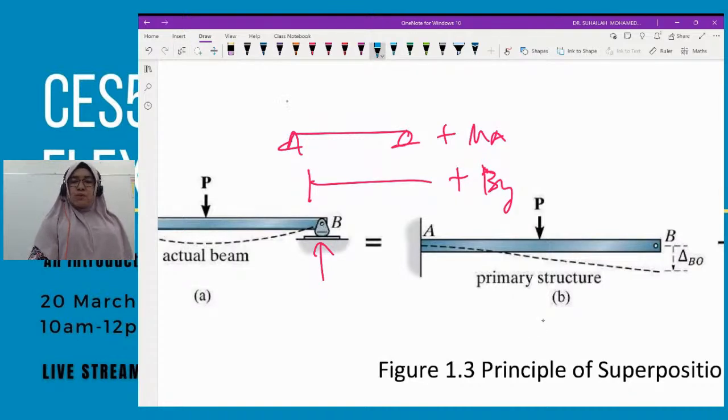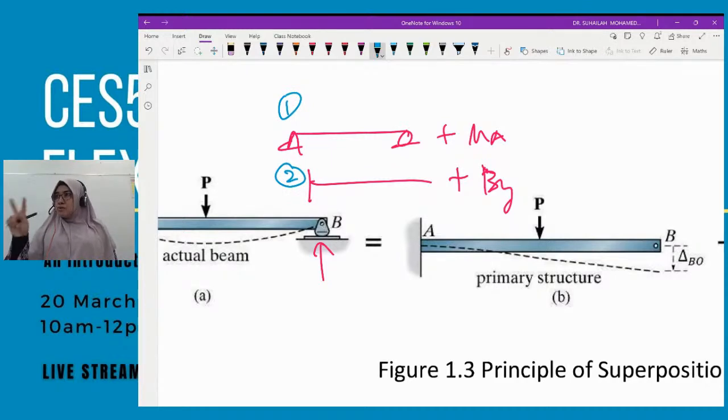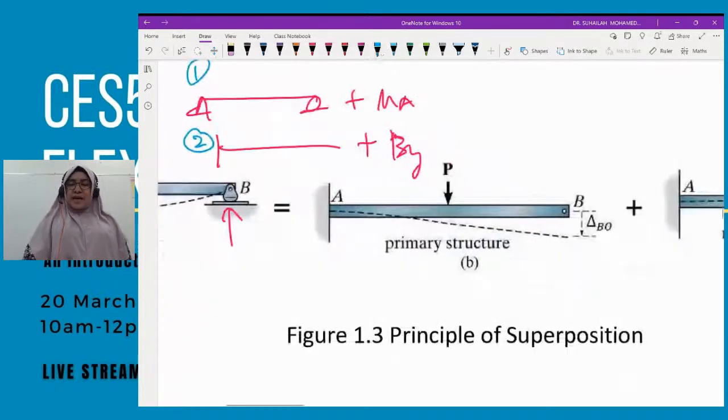Kita ada option number 1, kita ada option number 2. Okay, ada dua option. Okay, so simply supported beam and cantilever beam, dua-dua tu primary beam. Okay, tapi for derivation saya choose number 2. Okay, kita fokus on cantilever beam.